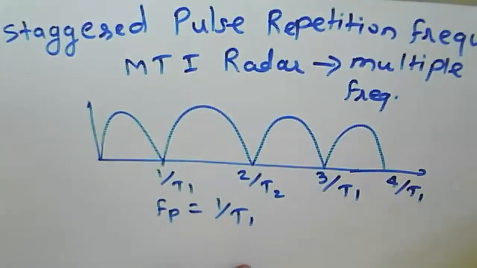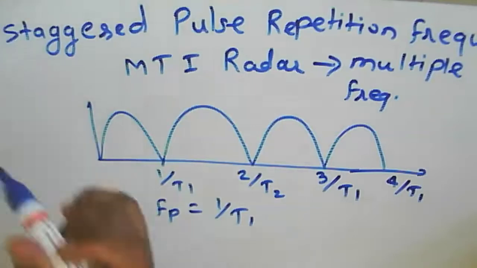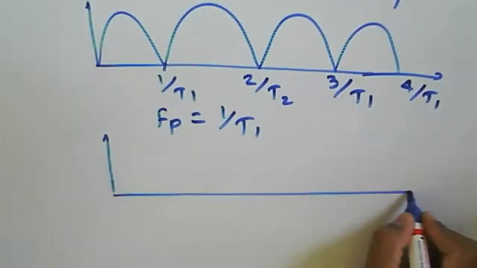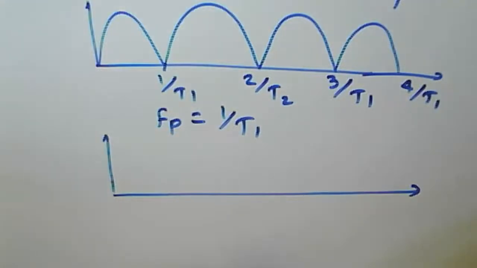Now, suppose we are using two pulse repetition frequencies. So in that case, what will our response be? There will be two pulse repetition frequencies.